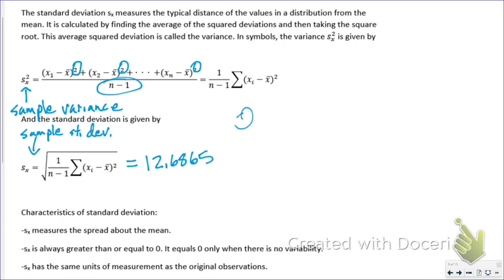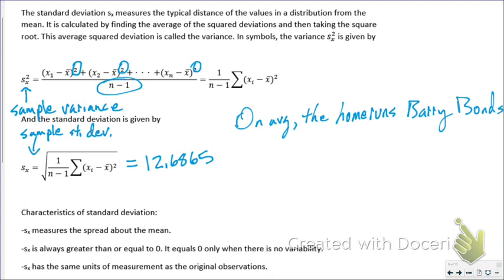This is on average the home runs Barry Bonds hits is 12.6865 home runs. That's redundant. I already said home runs up there.